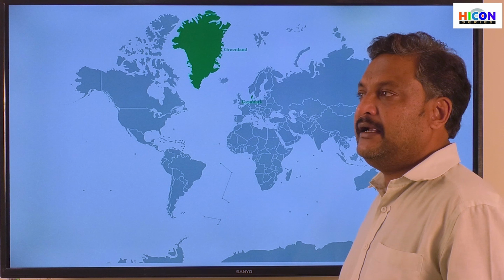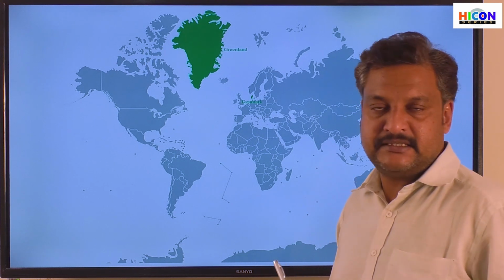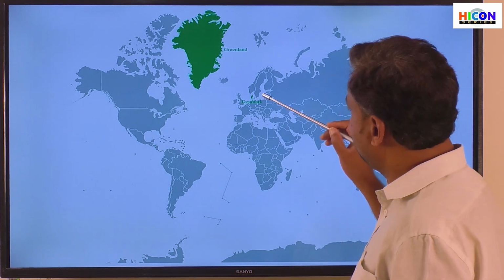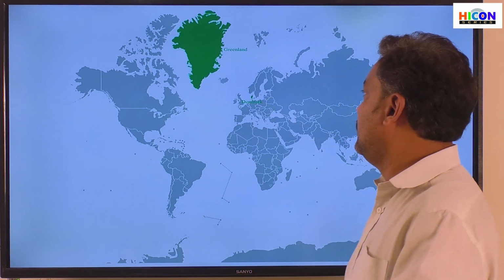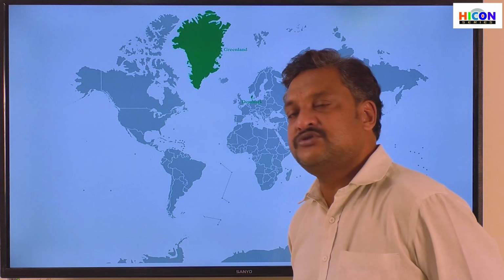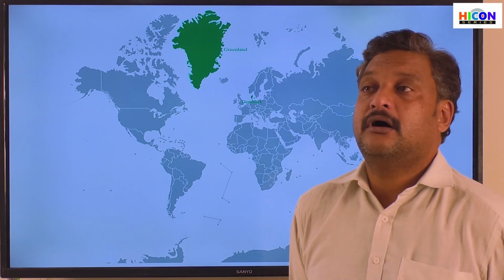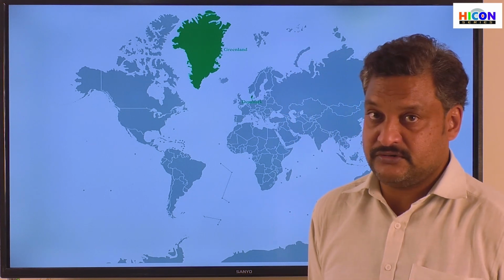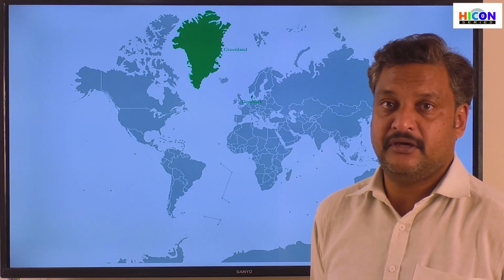Norse and Vikings are two groups of people who belong to this region. Okay, there's a Norway-Swedish region whose people used to do a lot of ocean exploration. They go in search of new lands and establish trade links with them.